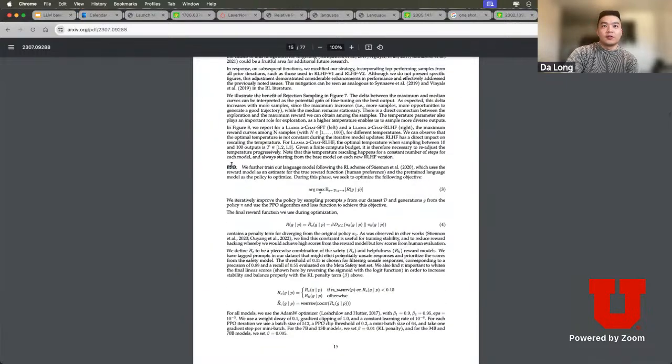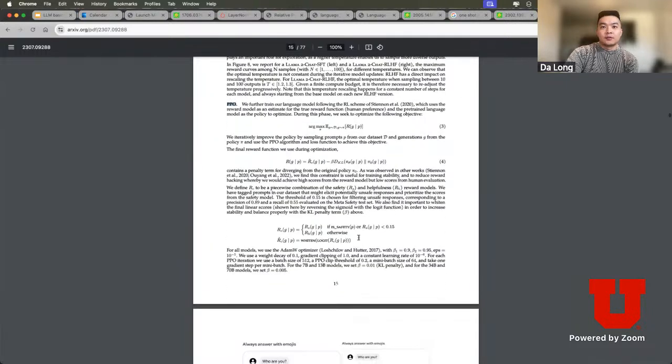And they use PPO here. In this one, the reward model is learnable. But in the DeepSeek paper, we will see that the reward they use doesn't need to be trained, whereas in the Llama paper they need to train the reward model.